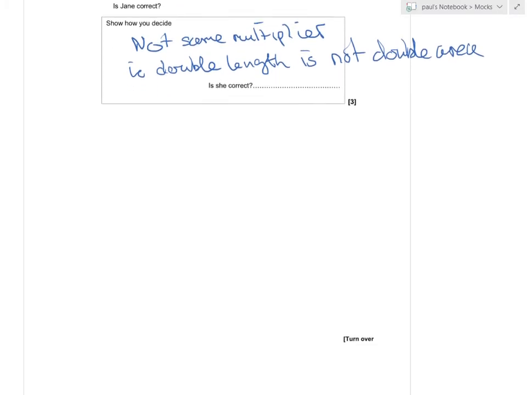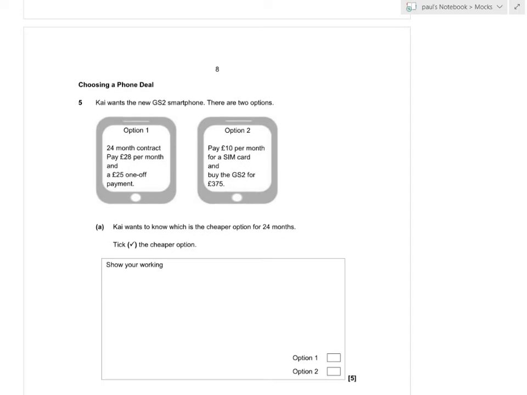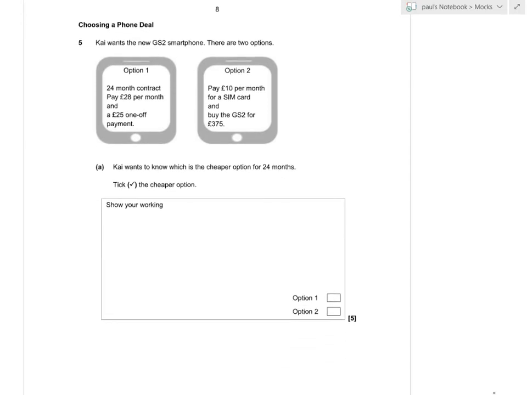Okay, another one. Choosing the best deal. Right, option 1: 24-month contract, pay £28 a month and a £25 one-off payment. So we're going to do it for 24 months.